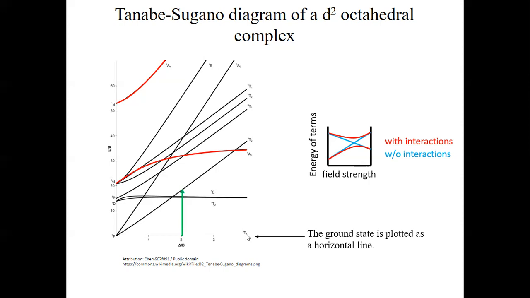So according to the selection rules, only transitions into other triplet states are allowed.